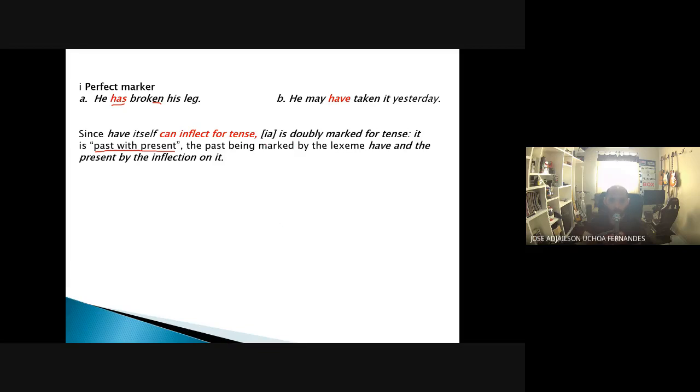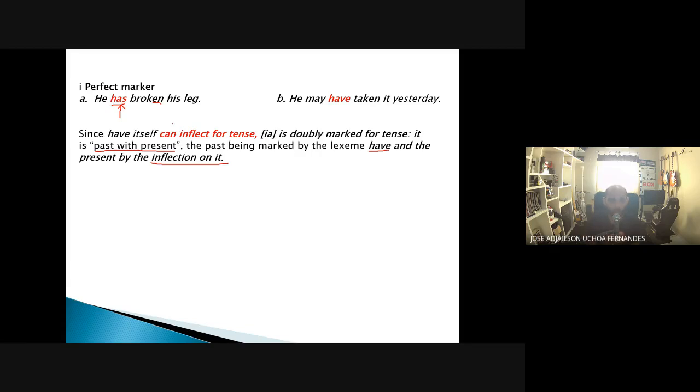The past being marked by the lexeme have, and the present by the inflection on it. Okay. The appearance of have as an auxiliary indicates that it's about the past, although the verb is used in its plain present form.